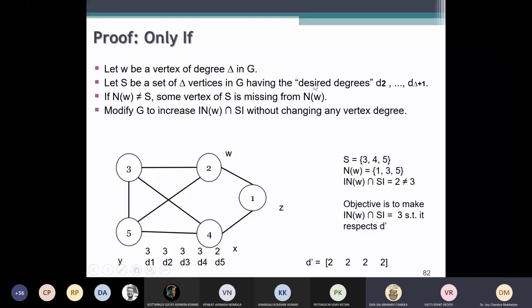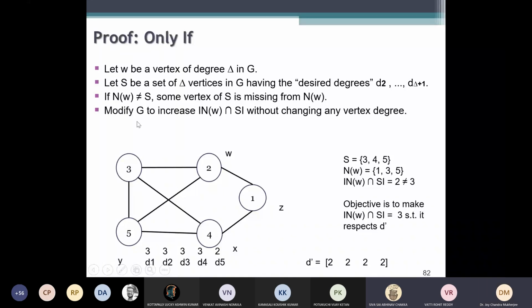So basically S is the three vertices, here delta is 3, in G having the desired degrees 3, 3 and 3. If I choose this W, then S is 3, 5 and 4, because they also have degree 3.